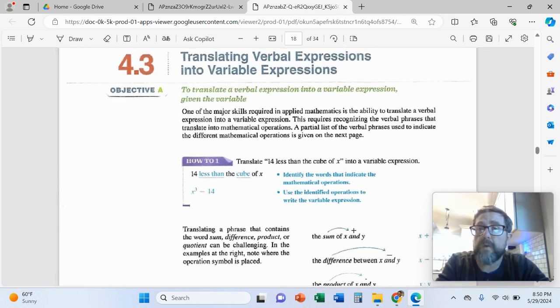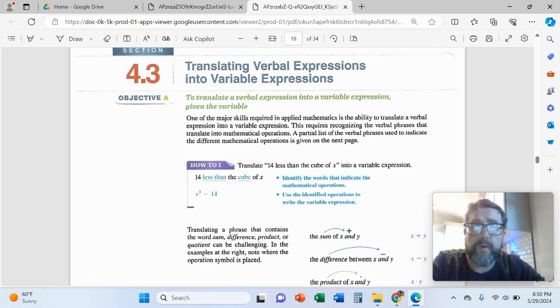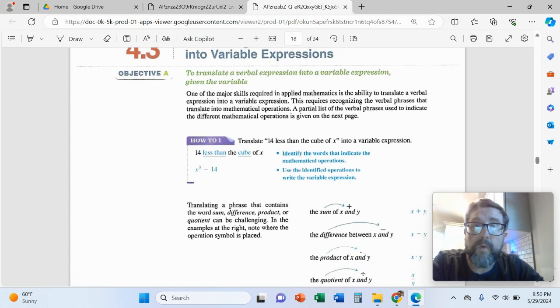So this one is translating verbal expressions into variable expressions. This is just, I think, making them practical. To translate a verbal expression into a variable expression, give the expression given the variable. One major skill required in applied mathematics is the ability to translate a verbal expression into a variable expression.